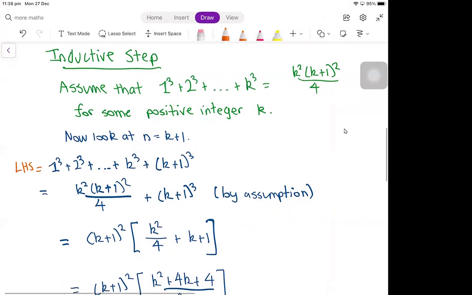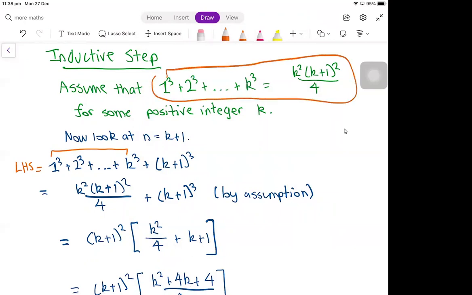And we can see this contains the sum of the first k cubed, so we can use our assumption over here and substitute k squared times (k plus 1) squared divided by 4. And now we're adding the leftover (k plus 1) cubed term. Now we can see that there's a factor of (k plus 1) squared in both terms, so we can factor that out, and we have (k plus 1) squared times (k squared over 4 plus k plus 1).